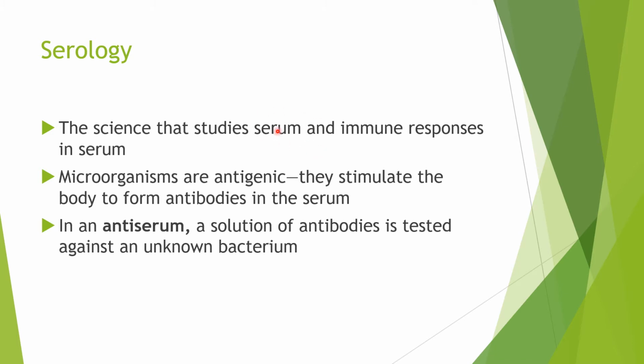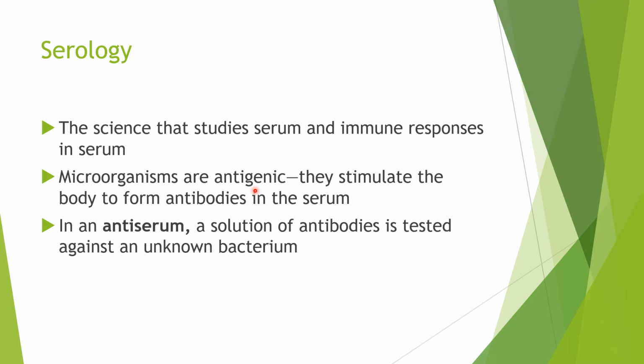So we usually use a patient's serum that contains antigens and antibodies to figure out which type of bacterial infection they have, because bacteria have antigens. So microorganisms, we refer to them as antigenic microorganisms. And so when a microorganism is introduced in your body, your immune system is going to try to fight it.